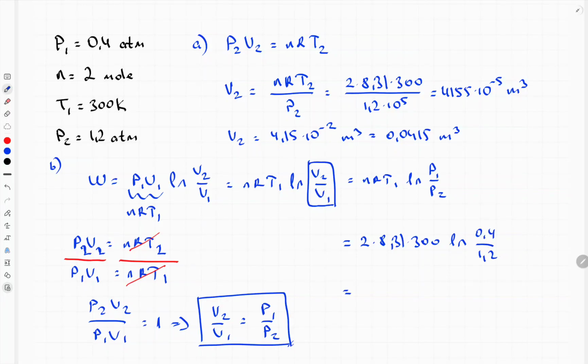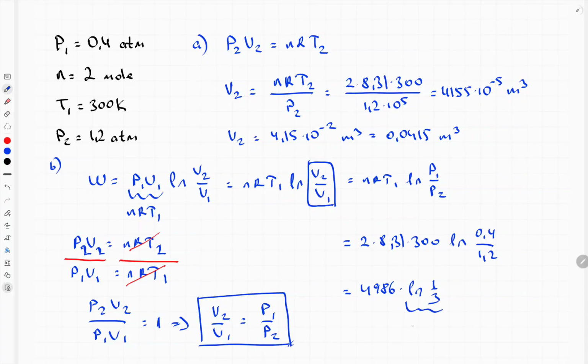So 0.4 over 1.2. Let's do a quick calculation. 2 times 8.31 times 300 equals 4,986, times ln of 1 over 3.